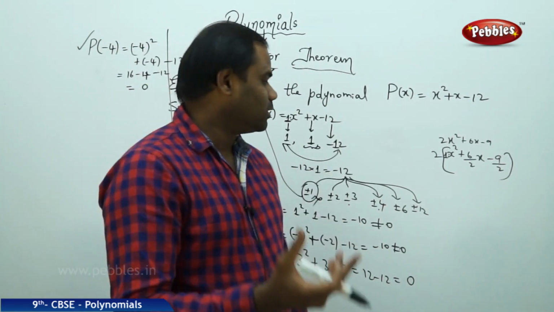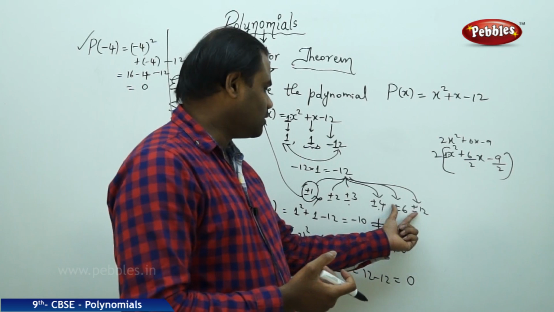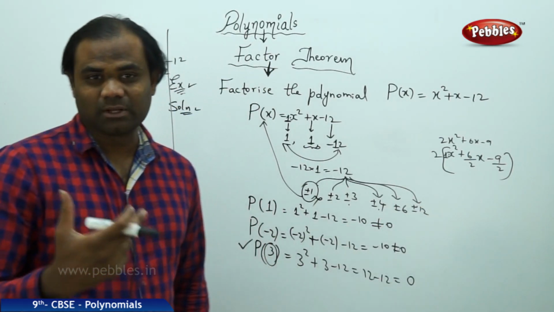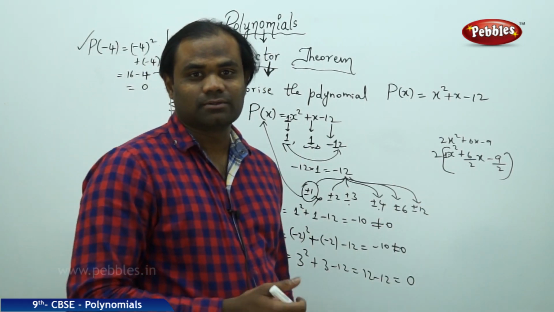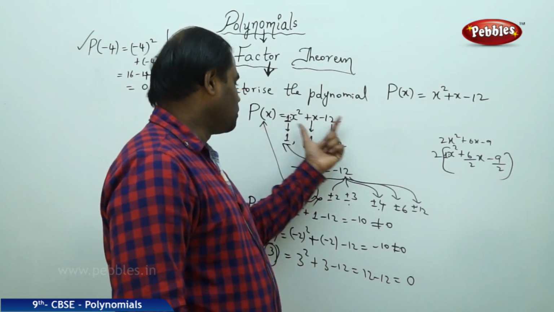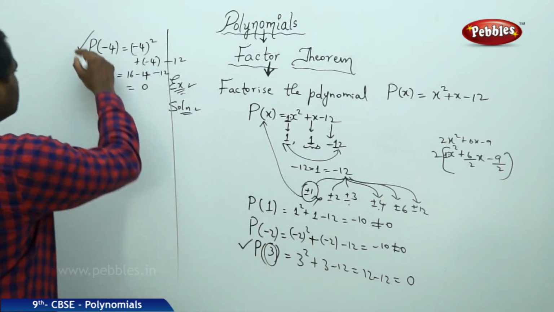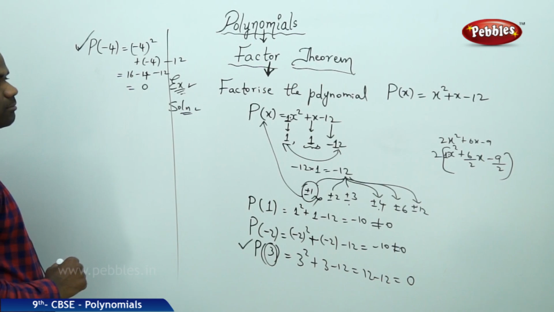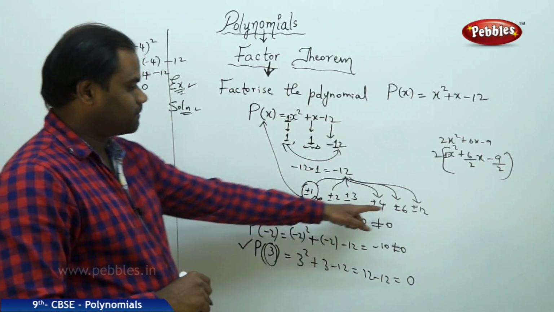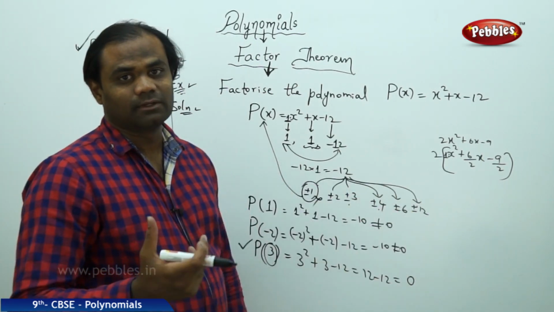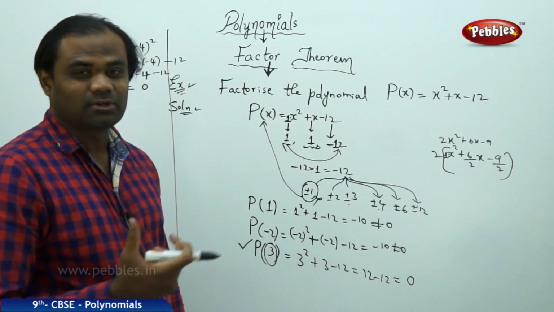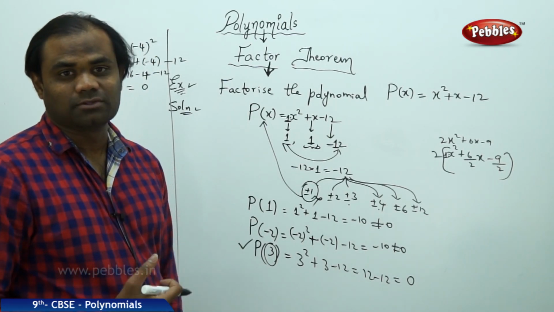So and so forth. Randomly we go with each of the values of 6, minus 6, 12, minus 12, and then pick the zeros. And here for the polynomial, the zeros are 3 and minus 4. Even plus or minus 6 and plus or minus 12 do not give the zeros of the polynomial.